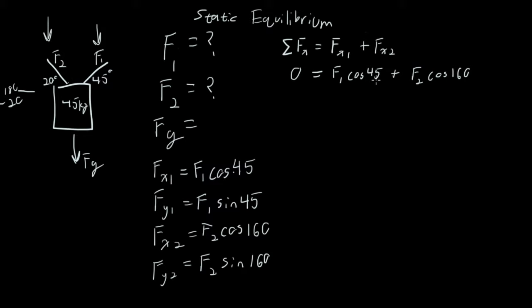Now, cosine of 45 and cosine of 160, those are just numbers. So let's punch those functions in and get the numbers that go with them so that we can make our lives a little bit easier later. Then let's move F2 over to the left side by adding 0.939 F2 to both sides.